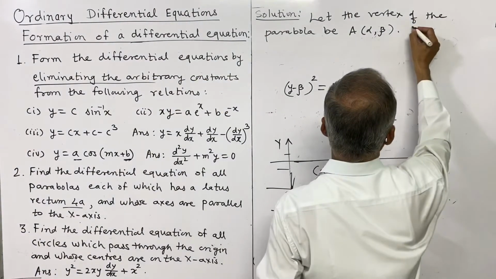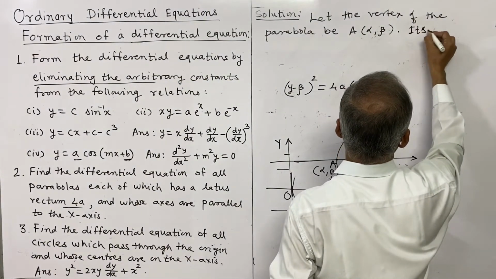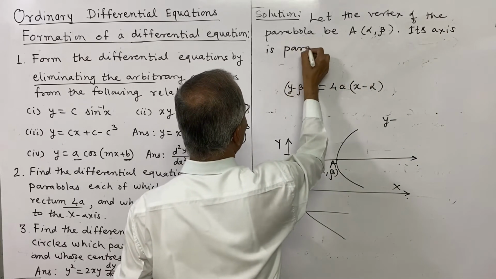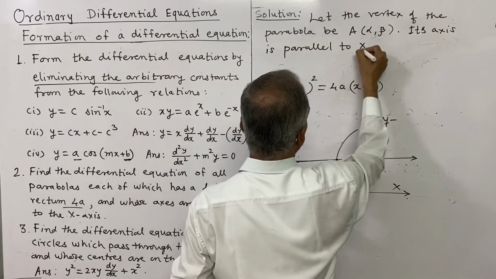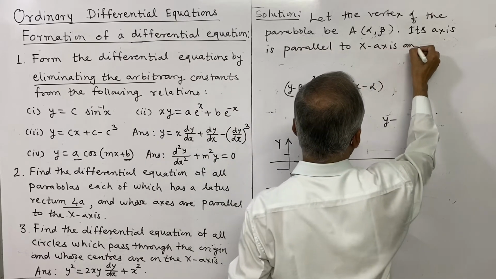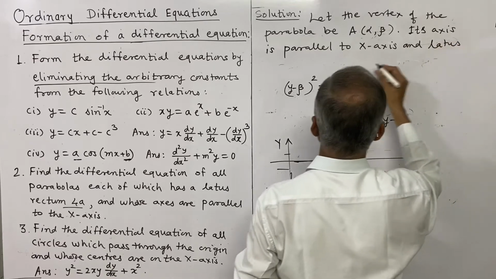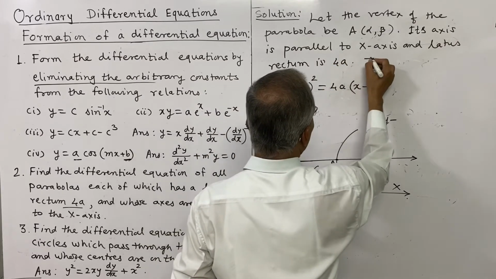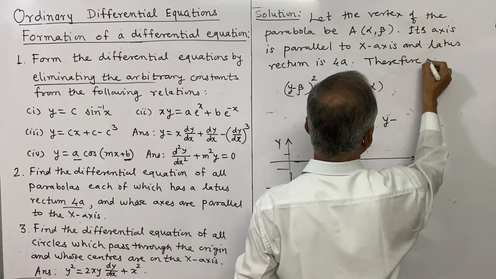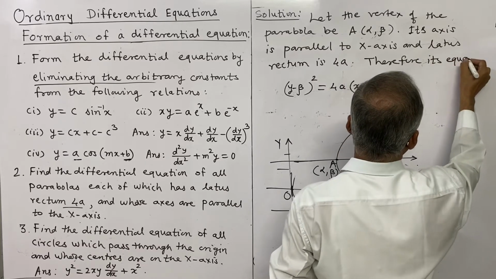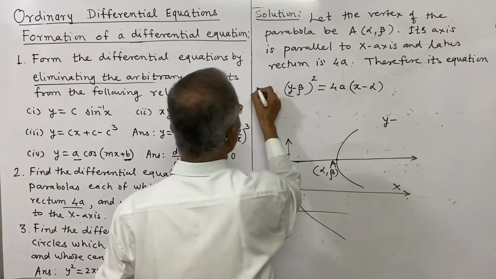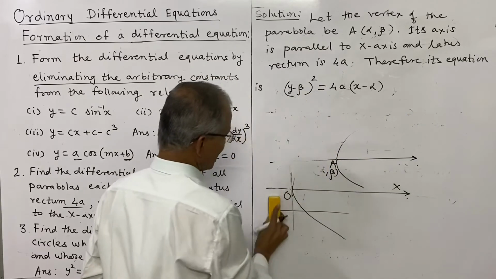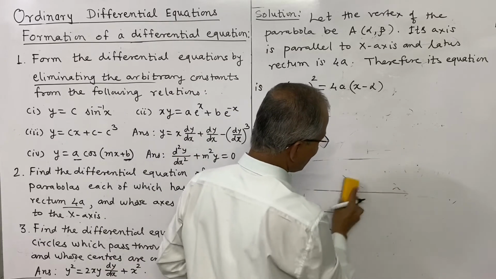Its axis is parallel to the x-axis, and the latus rectum is 4a. It is given. Therefore its equation is y minus beta whole square is equal to 4a into x minus alpha. We shall consider this relation.